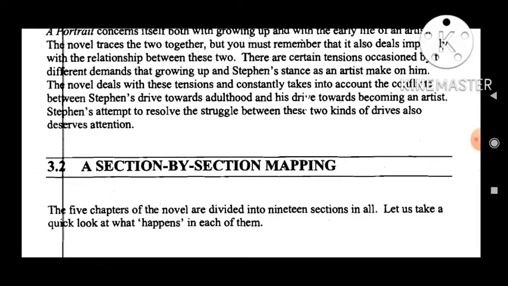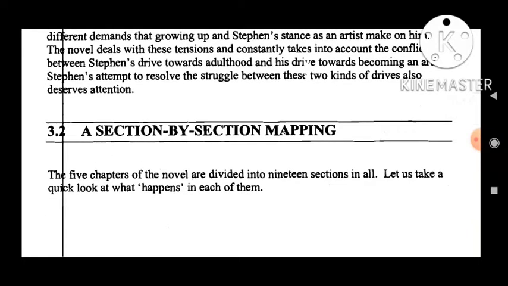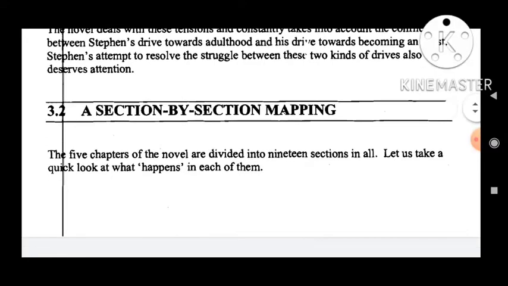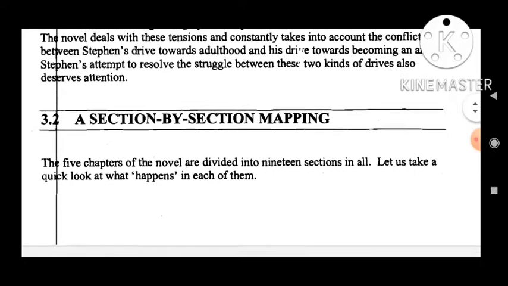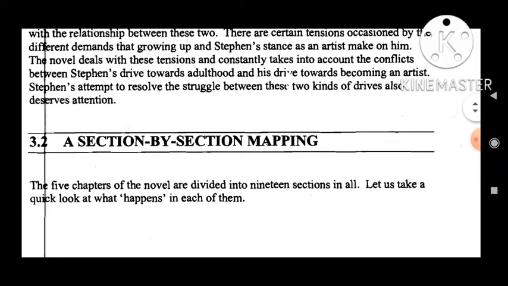Okay, so the novel deals with these tensions and constantly takes into account the conflicts between Stephen's drive towards adulthood and his drive towards becoming an artist. So what is the main attention? That is Stephen's attempt to resolve the struggle between these two kinds of drives.